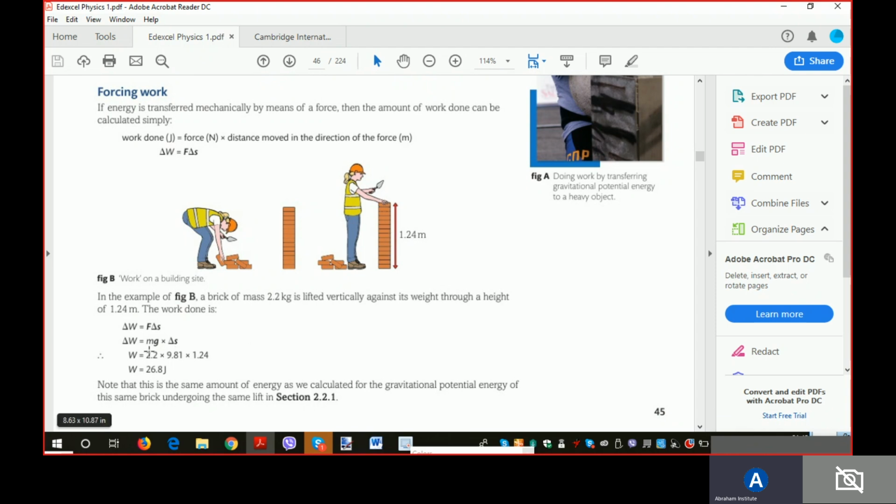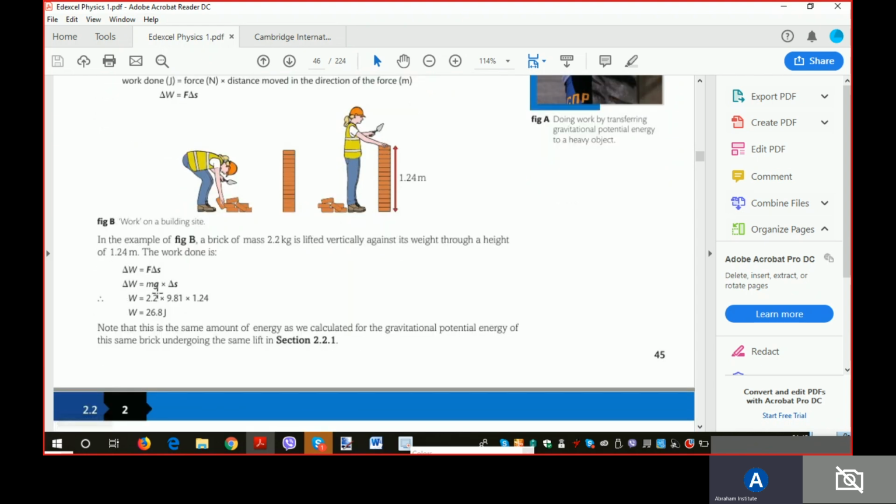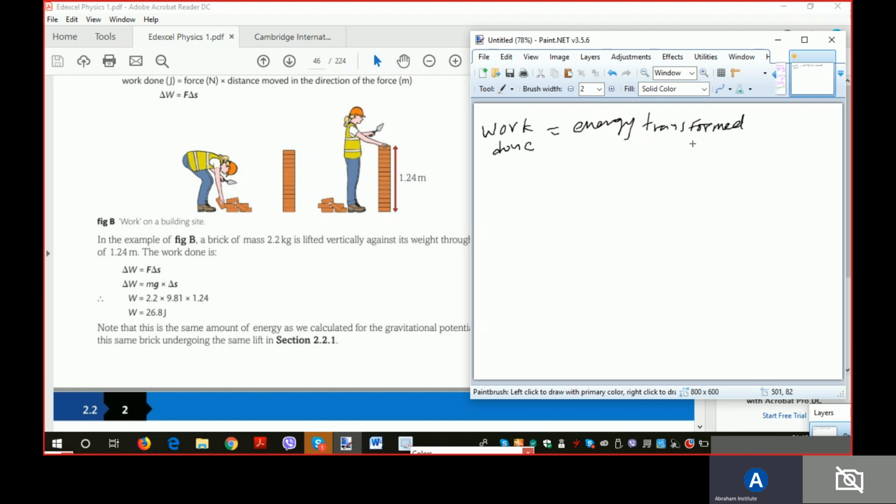Can you understand that the work she did in lifting a brick to a height of 1.24 meters is the same as the gravitational potential energy gained by the brick? Is that clear? That illustrates that work done is equal to energy transferred. What work she did is equal to the gravitational potential energy increase of the brick.